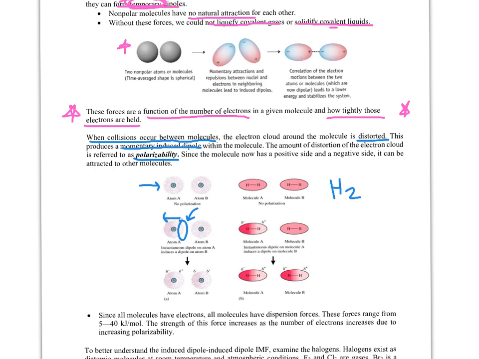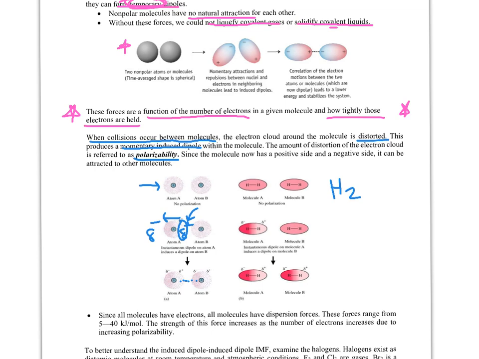Since the molecule has a positive and negative side, it can be attracted to other molecules. So we end up creating this partial negative, partial positive side, and then it'll induce dipoles in the other atoms around it as well. These two will be attracted to each other through that induced dipole. It's just an instantaneous dipole.